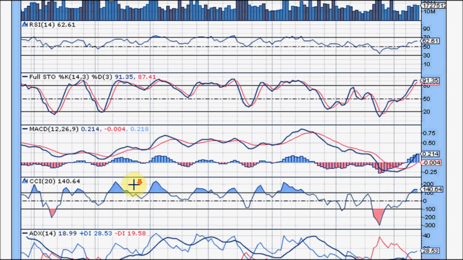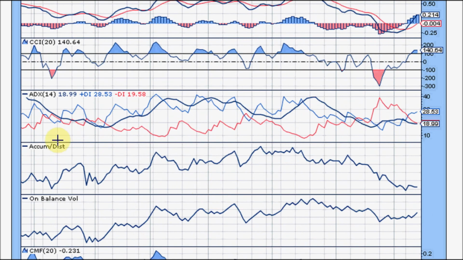Next, I have what we just learned in stock chart setup number 1 with the RSI, full stochastics, the MACD, and I add the CCI. Okay, these are my strength indicators. They give all of my buy and sell signals. Tell me if a stock is strong or weak.